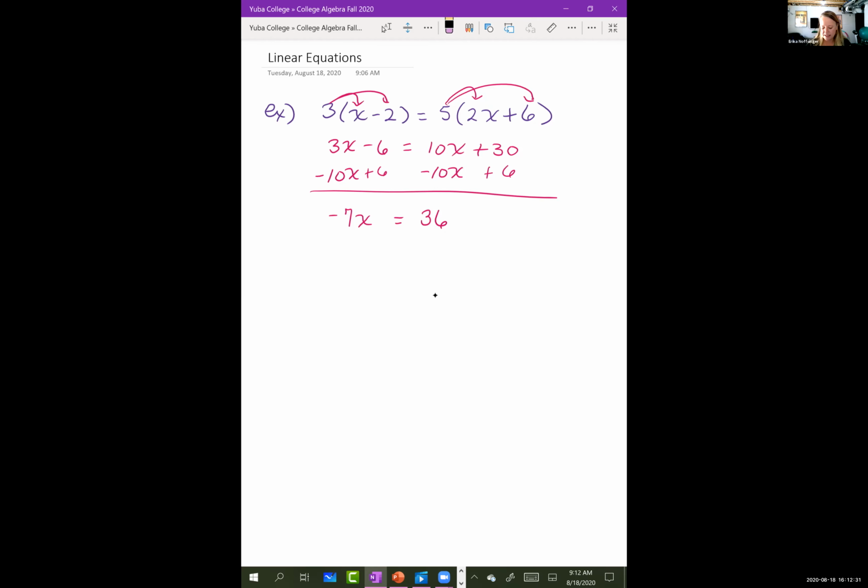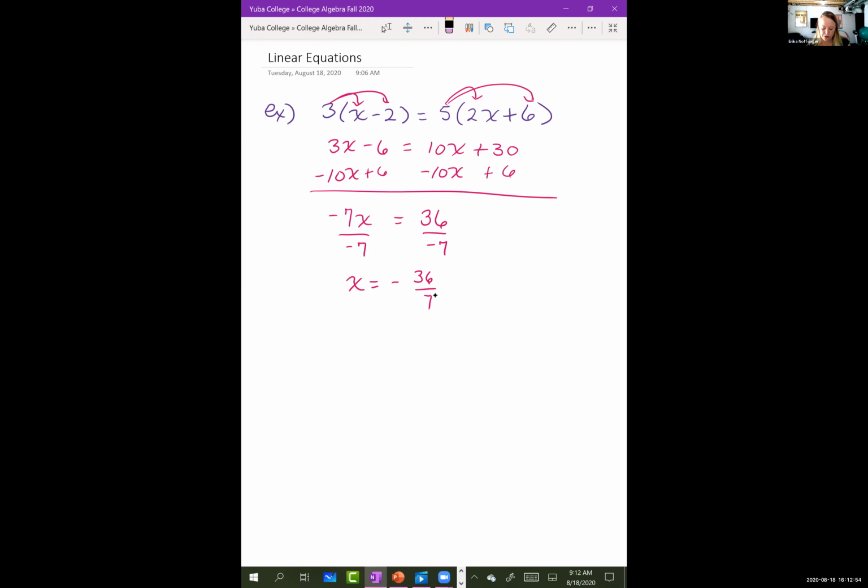We need to get rid of the negative 7 in front of the x. We can either divide through by negative 7 or multiply by the reciprocal of the coefficient, which is negative 1/7. Whatever you do to one side, you do to the other. And so we get x is equal to negative 36/7.